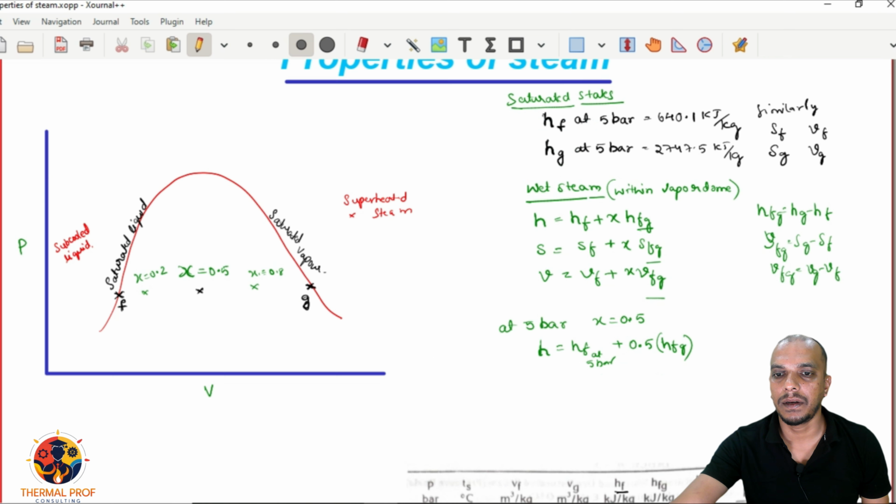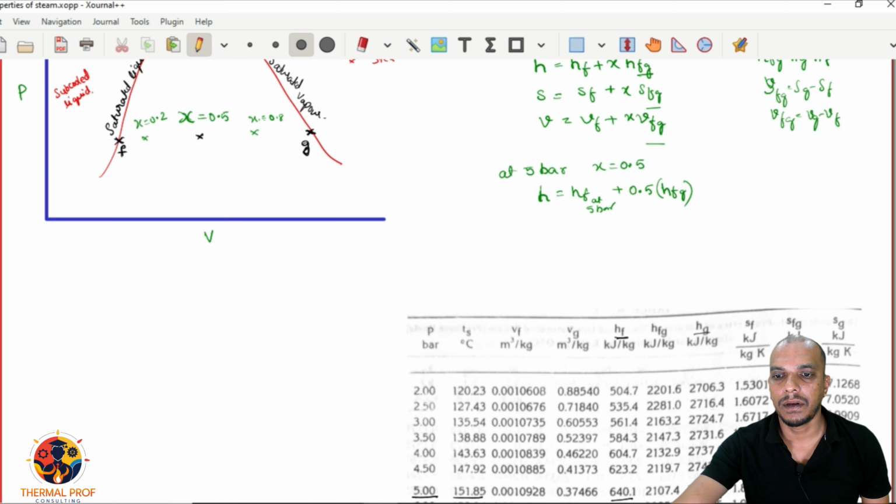I will go back to the table. Now, hf at 5 bar is 640.1 plus 0.5 times hfg. See, hfg is already given. He has subtracted 2747.5 minus 640.1, that is, he has done hg minus hf and directly tabulated it.